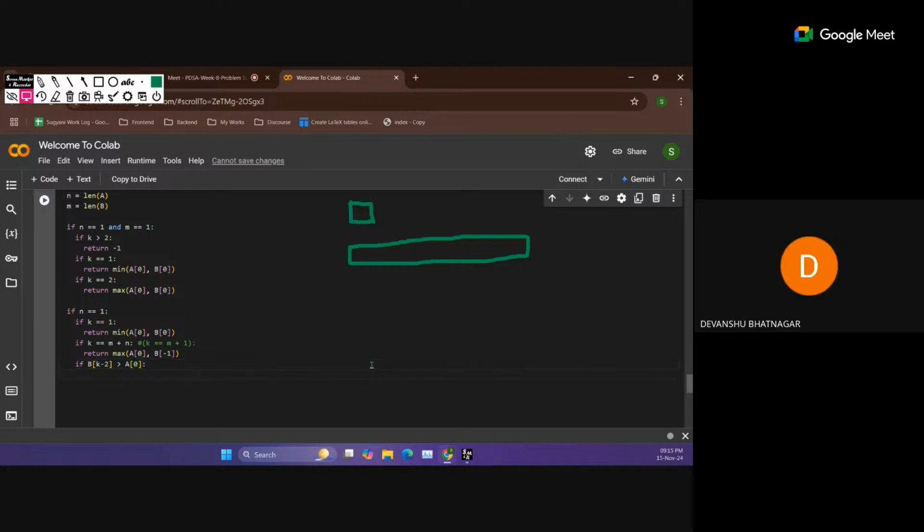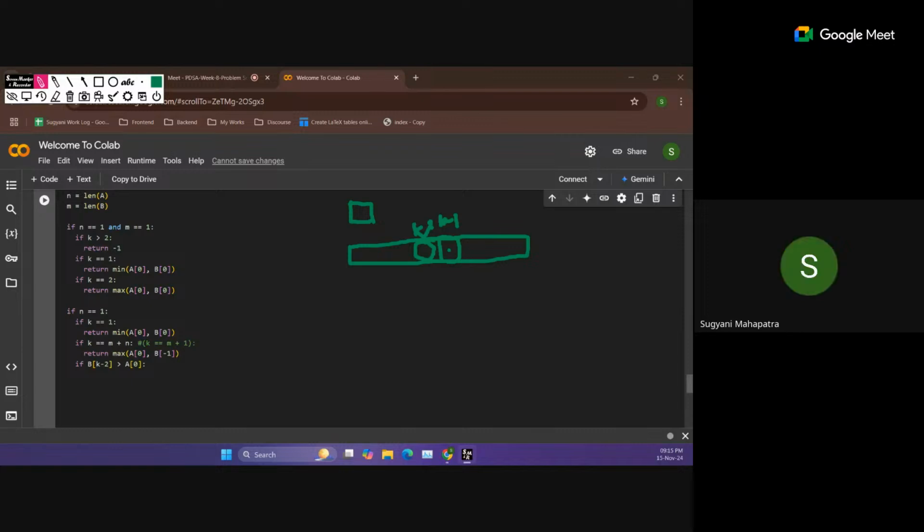Ma'am, why k minus 2? We have to return the k minus 1th index, right? Yes, so we are looking at the previous value, k minus 2. But we should check with the k minus 1th element.